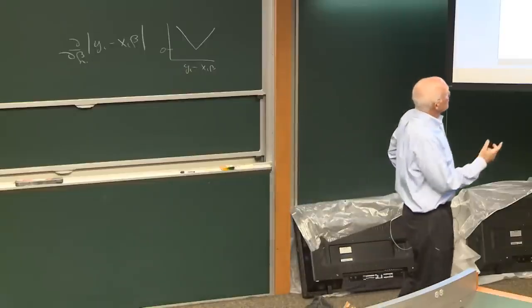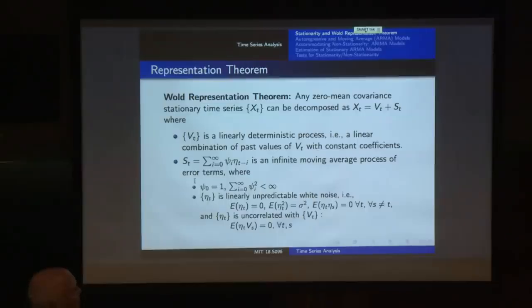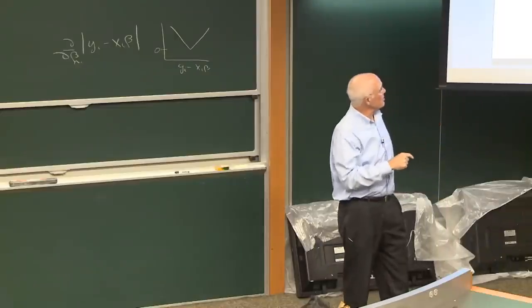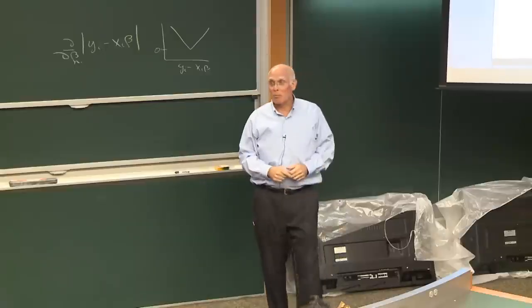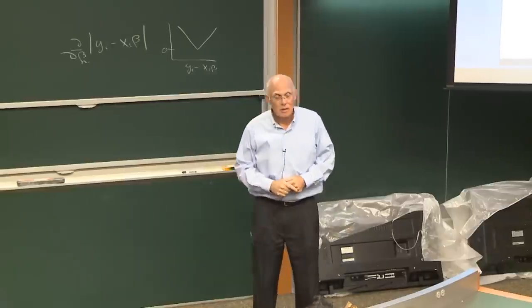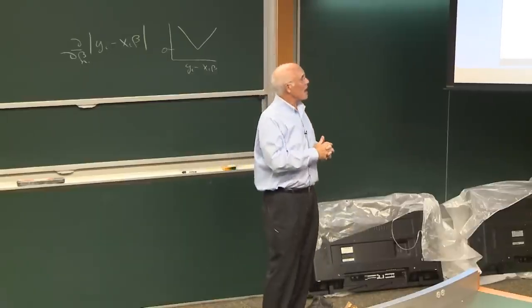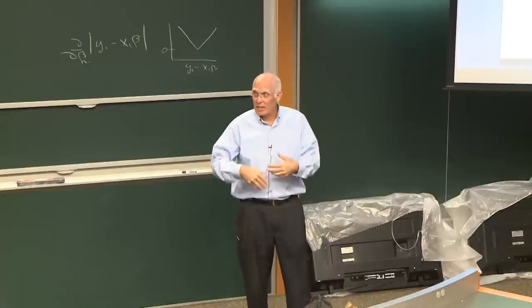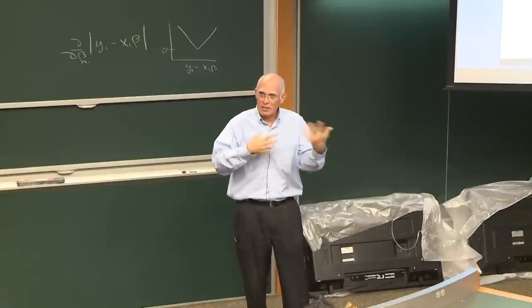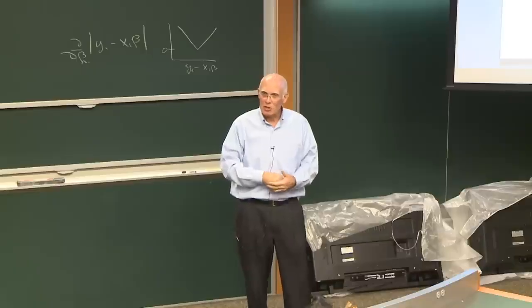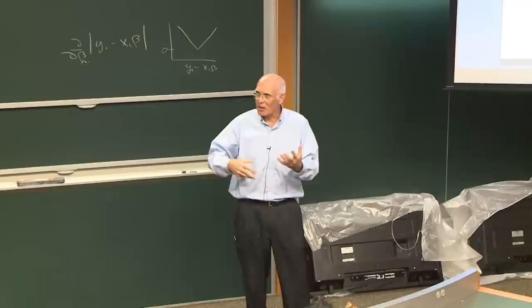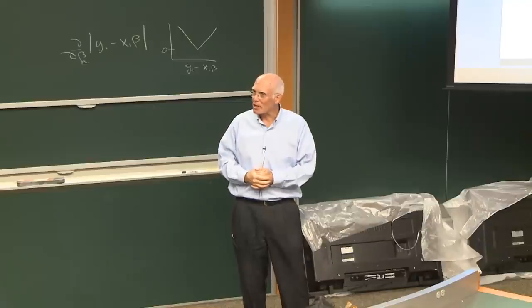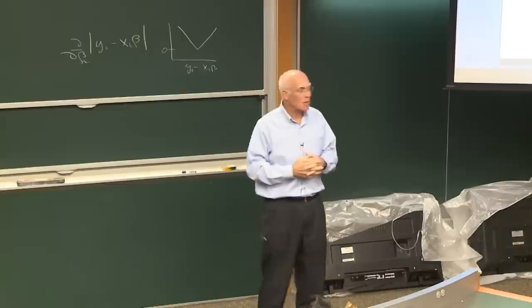Basically, xt can be decomposed into vt plus st. Vt is going to be a linearly deterministic process, meaning that past values of vt perfectly predict what vt is going to be. So this could be like a linear trend or some fixed function of past values. It's basically a deterministic process, so there's nothing random in vt.